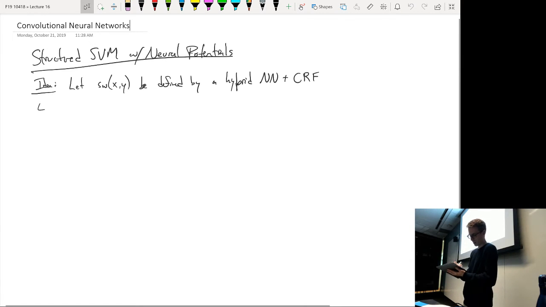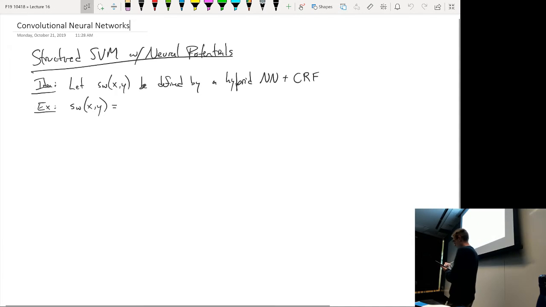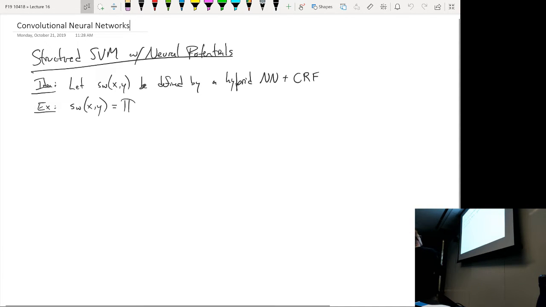And so an example of this would be if we define the scoring function by some factor graph. So this would be a product over a bunch of potential functions, psi alpha, where each one takes y alpha and x. And crucially, you'll notice this blank space here, where I've written nothing.